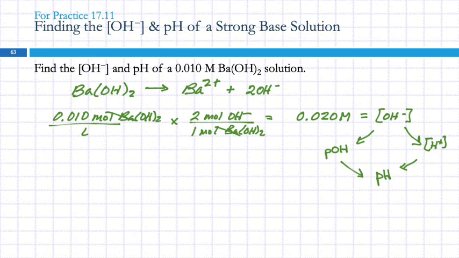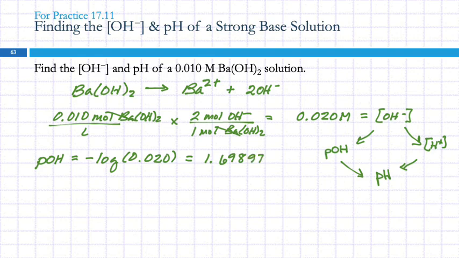Either way. I think going through pOH is easier. So let's find the pOH of this. pOH is going to be the negative log of 0.020, which is 1.69897, and then it goes to some zeros.